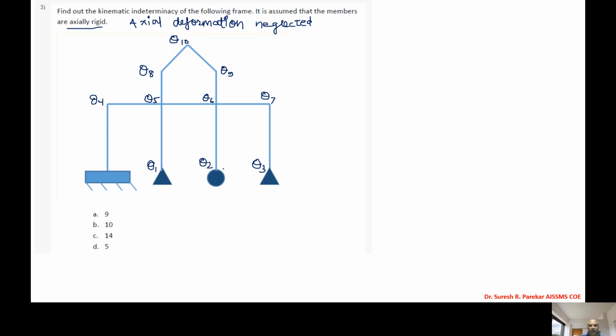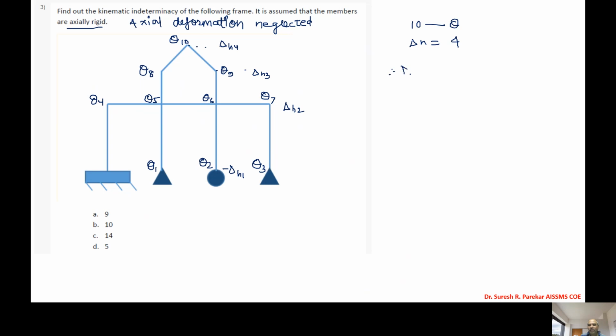Now delta, we have here delta H1, then we have delta H2, then at this level delta H3, and at this level delta H4. So we have 10 theta and delta H at 4.